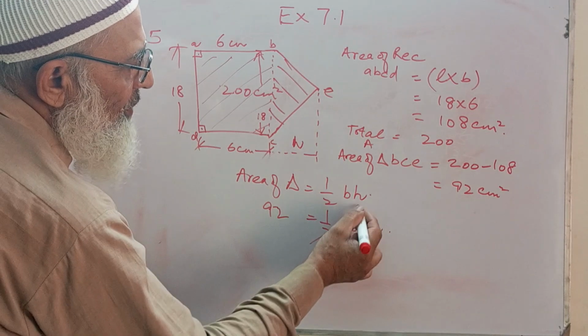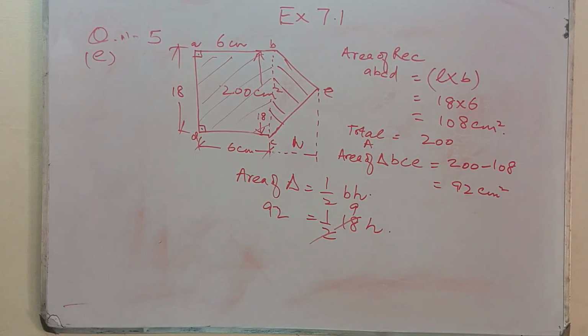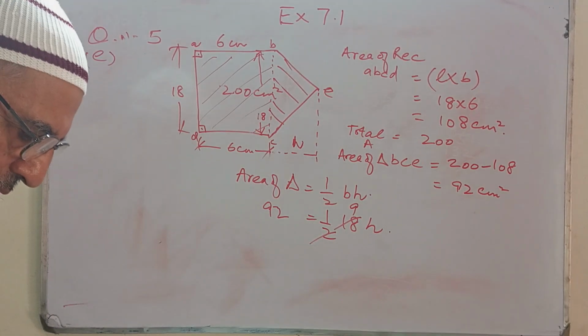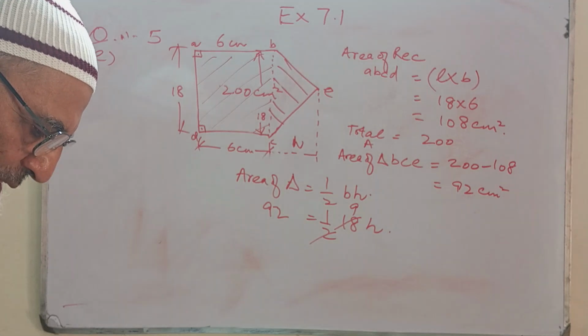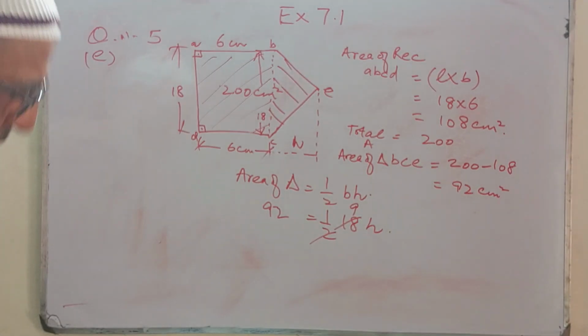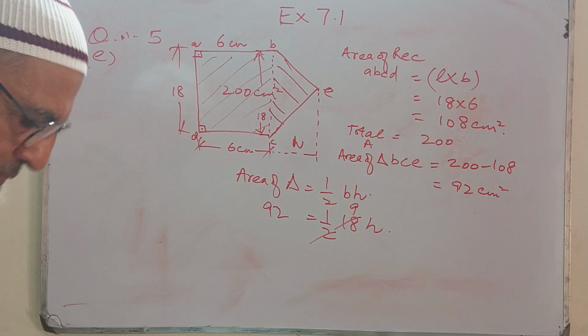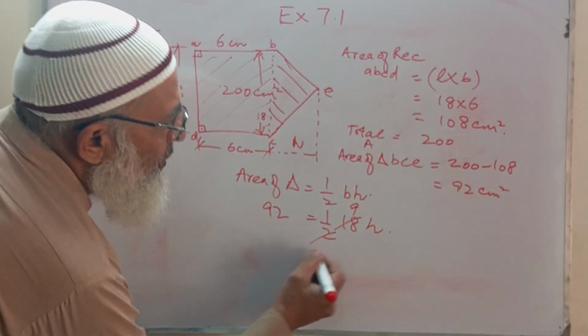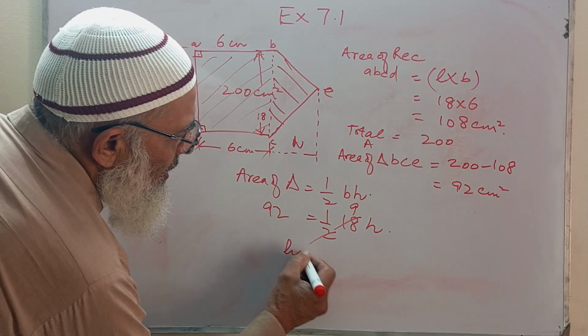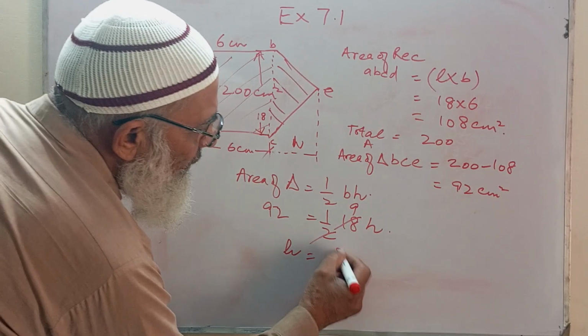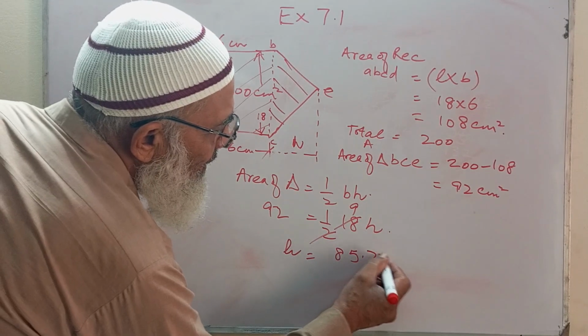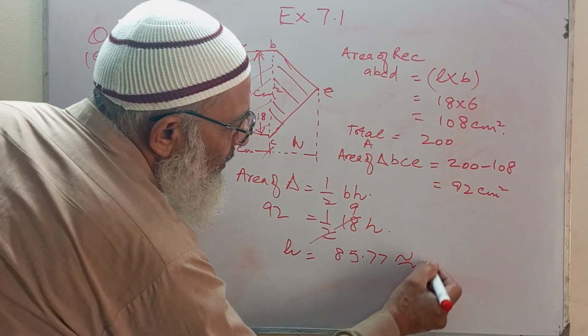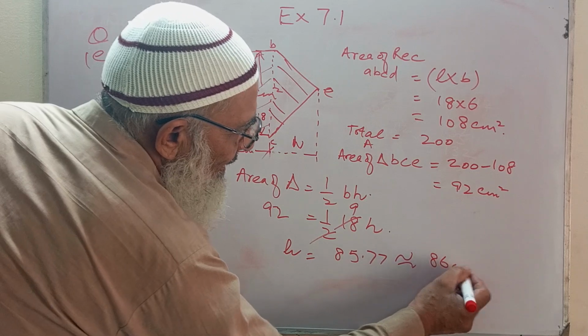Cut this over from here, and it will come in points. Now h is equal to 85.77, or nearly equal to 86 centimeters.